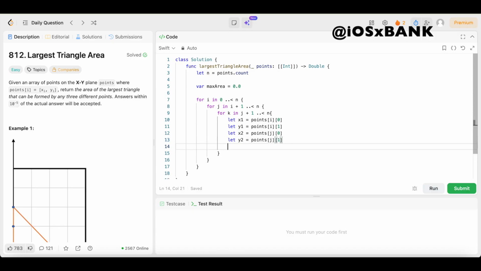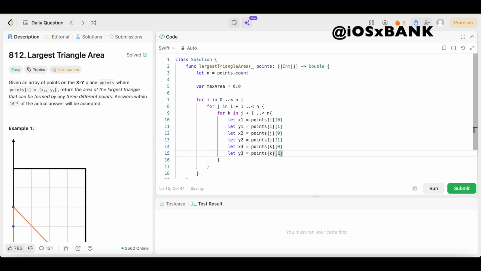Then do that again. This time this is going to be x3, points k square bracket 0. Come back again, and I'm sure you guessed it, this is going to be y3, then k square bracket 1.